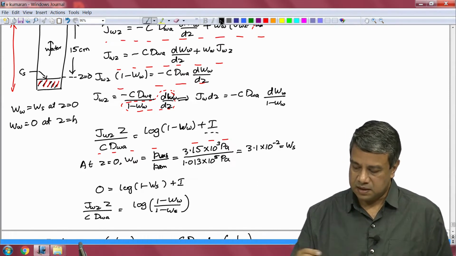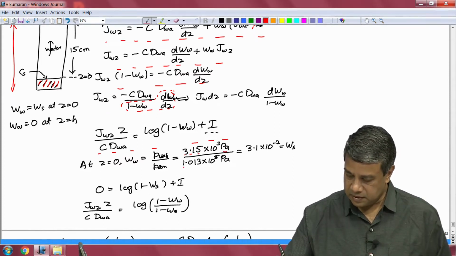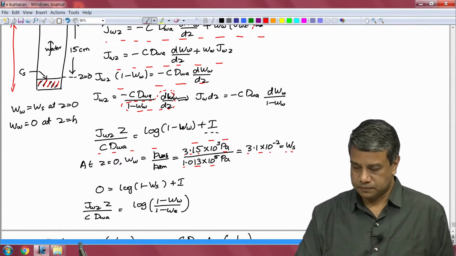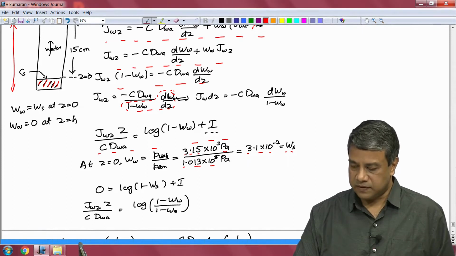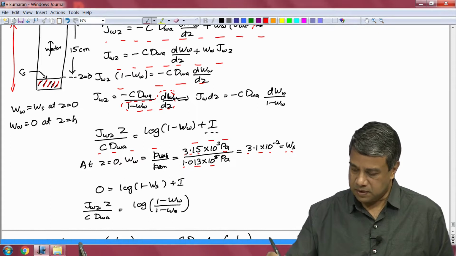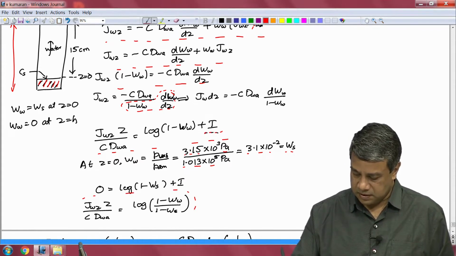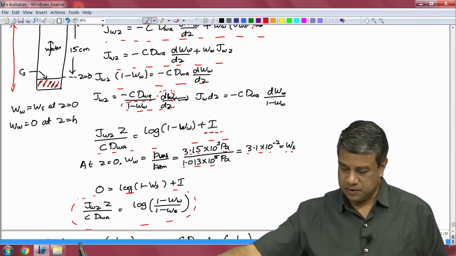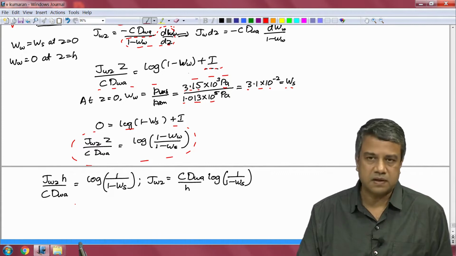The ratio of the vapor pressure and the atmospheric pressure is going to be the mole fraction of water at the surface. So, at the surface z is equal to 0, the mole fraction of the water is Ws, and I can use that condition to determine this constant of integration and get an explicit relation between the water mole fraction and the flux of water.